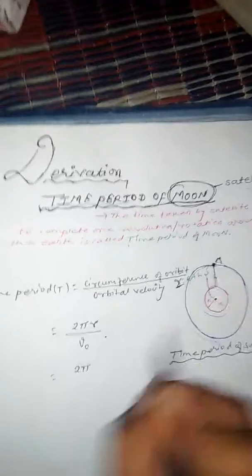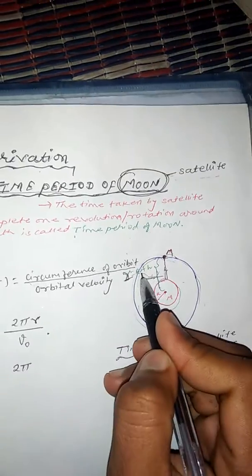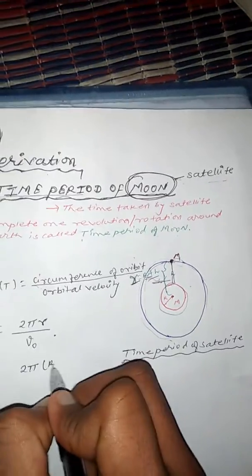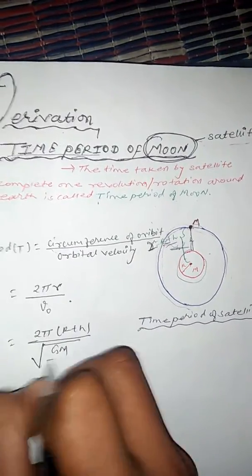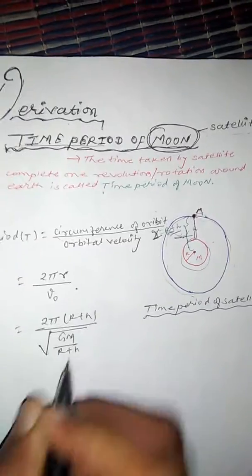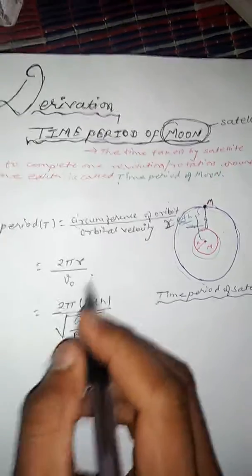So 2 pi times r plus h, and the orbital velocity is root under gm divided by r plus h.